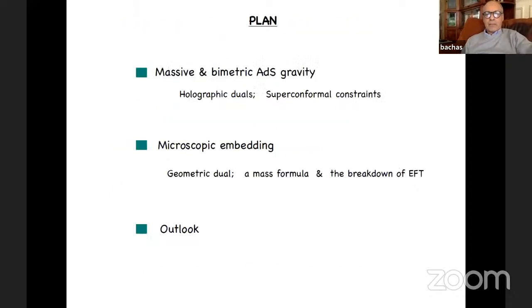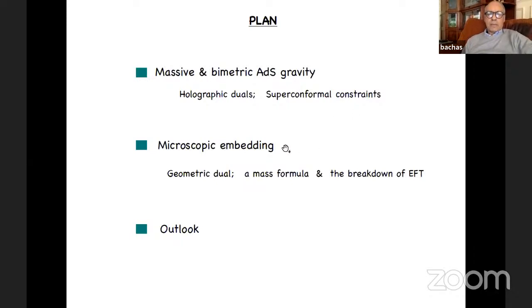So here's the plan of the talk. I'll first start, as I said, from a rather orthogonal point of view, which is massive and bimetric gravity in AdS. I will describe the holographic duals and a little bit about supersymmetry, which allows us to keep technical control, as you know, always in string theory.